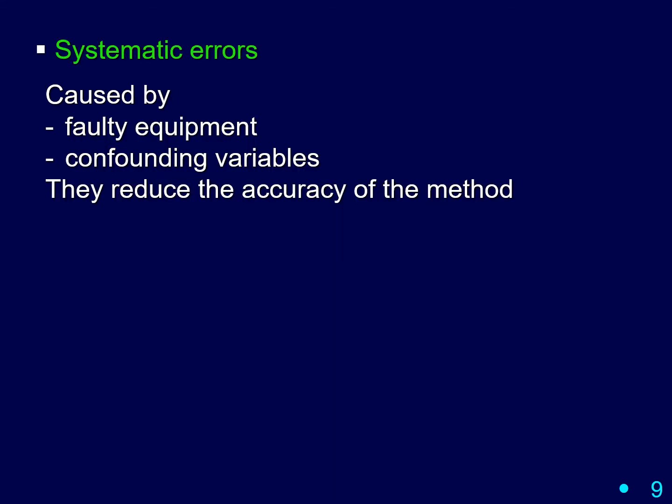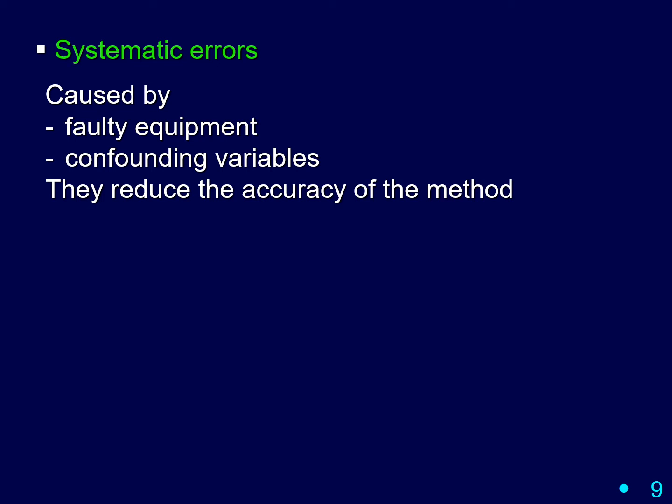Then we move on to systematic errors, which are errors that will be repeated every single time the measurement is made. So they can be caused by faulty equipment, poor calibration of equipment. They can also be caused by confounding variables, variables that should have been controlled but weren't.